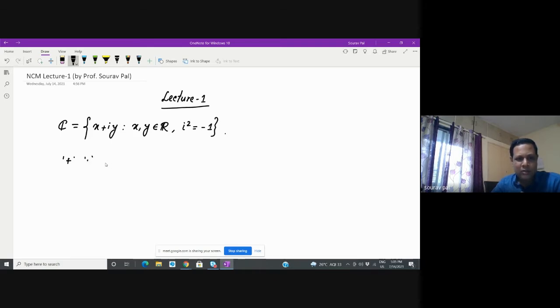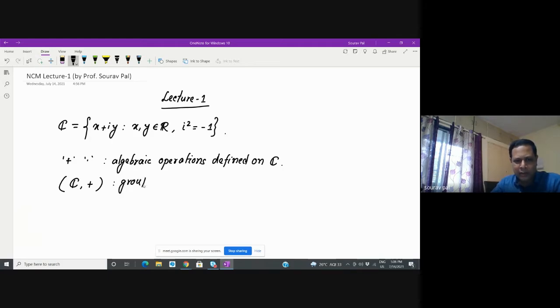So they are algebraic operations defined on C. If you have algebraic operations, we know that C with plus forms a group.